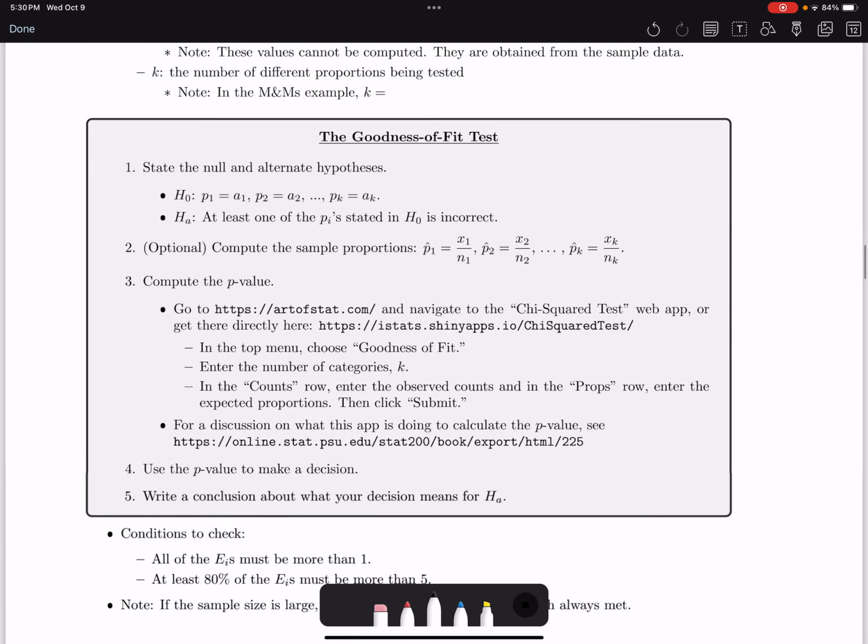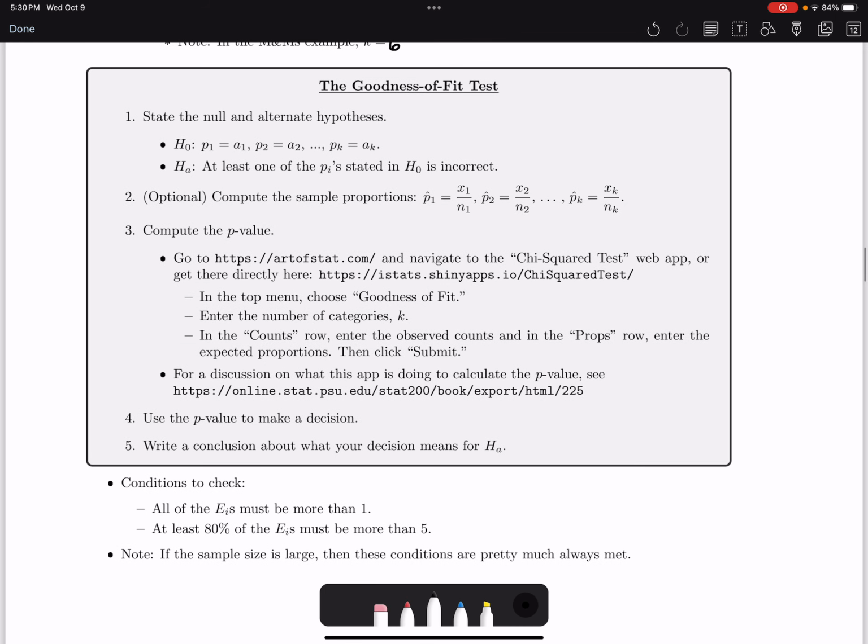With all of that in mind, here are the steps for a goodness of fit test. We're going to state our null and alternative hypotheses as usual. Then step 2, I'm going to leave as an optional step. If we were to collect our sample information, we would want to compute the sample proportion of each group, and that's just going to be really tedious.